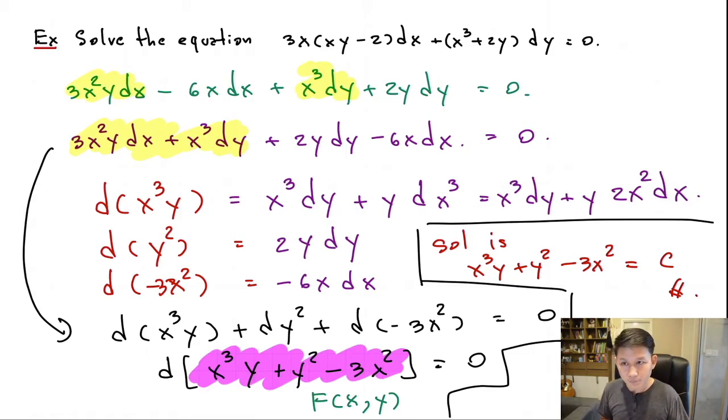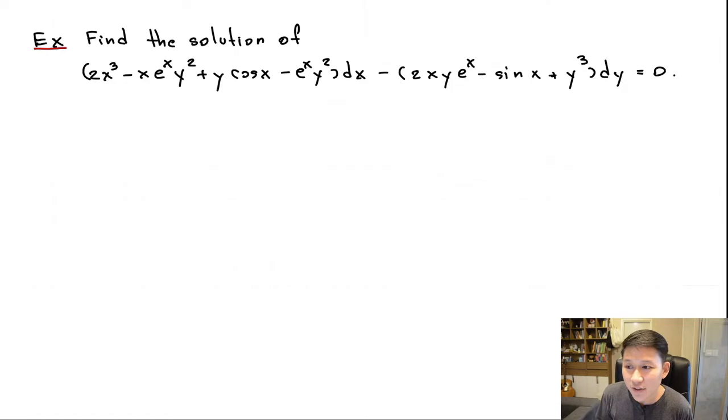Okay, so let's look at another example. This one is the one we did as well. This one is a lot harder to see, to use the observation method. Why? Because I'll show you.